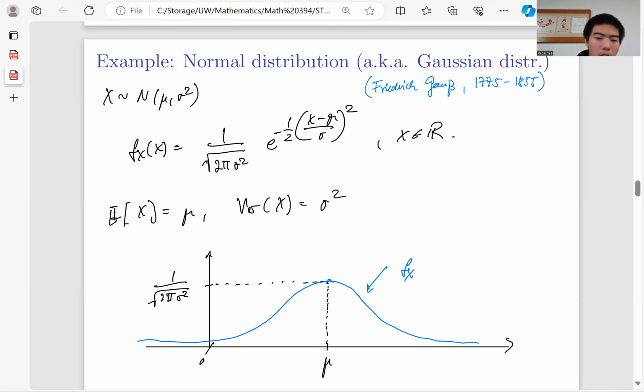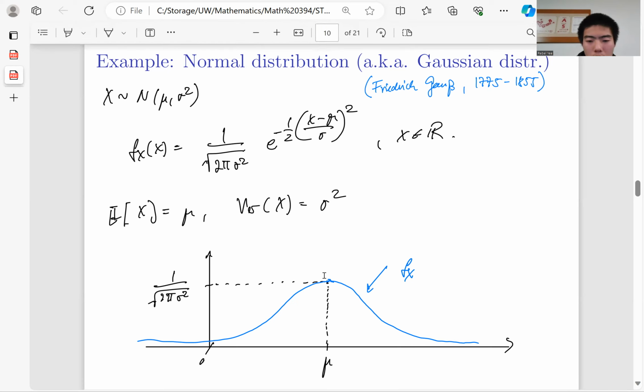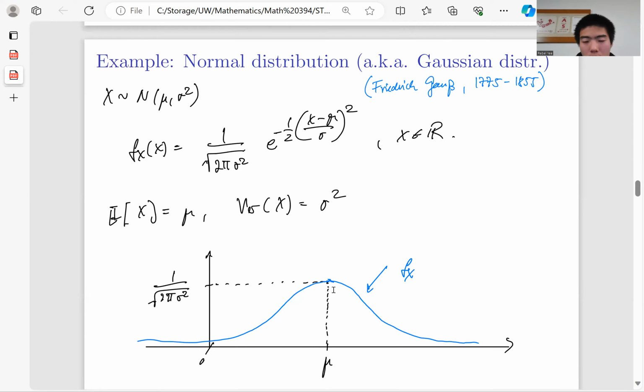The expected value is just its mean, which is the highest point, and the variance is the standard deviation squared. Finding the standard deviation can determine the spread of the bell-shaped curve, its distribution curve.